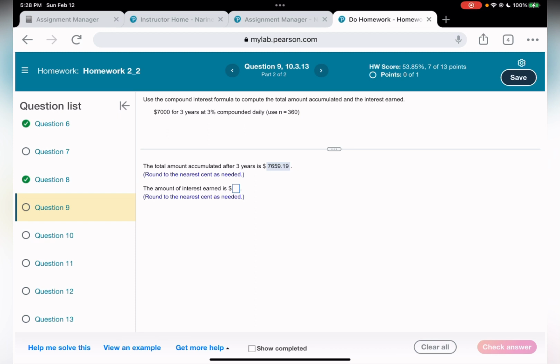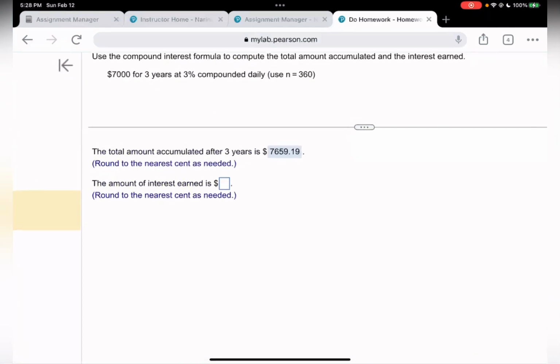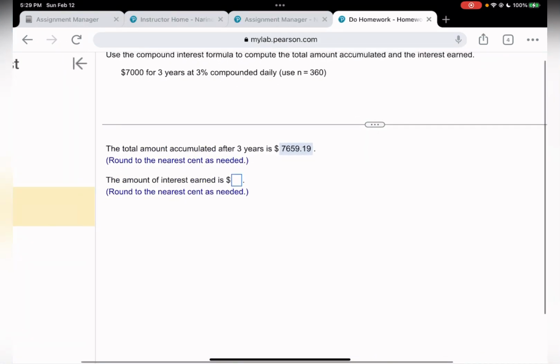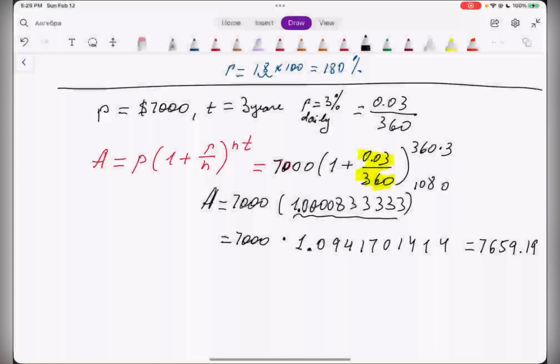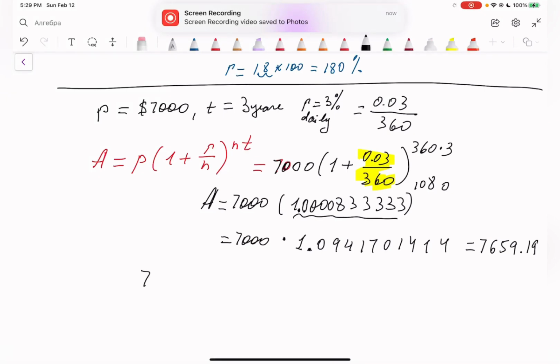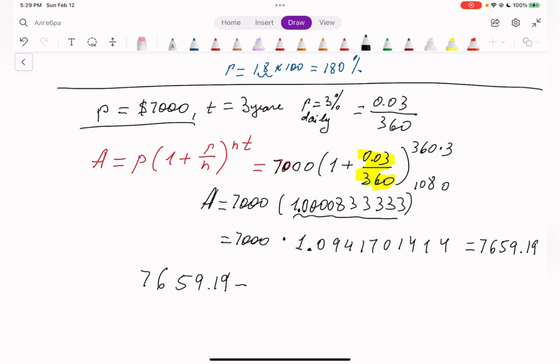So from here, I'm going to take that 7,659 and subtract our original 7,000, because we put 7,000 and in 3 years it became 7,659. So let's solve it. 7,659 minus this 7,000, because I borrowed 7,000, right?